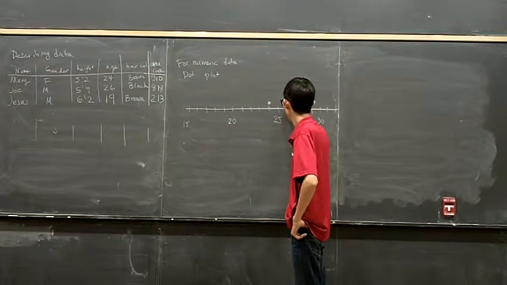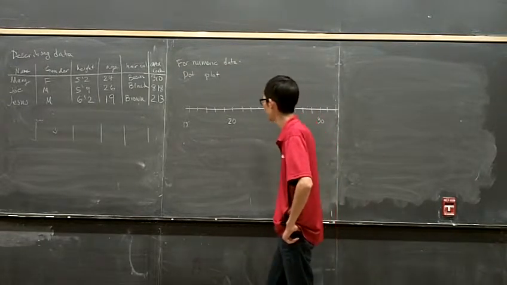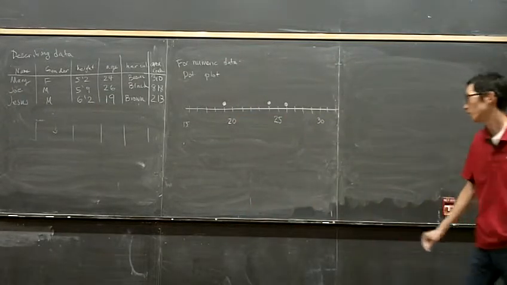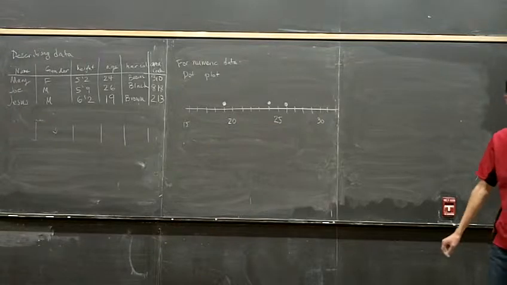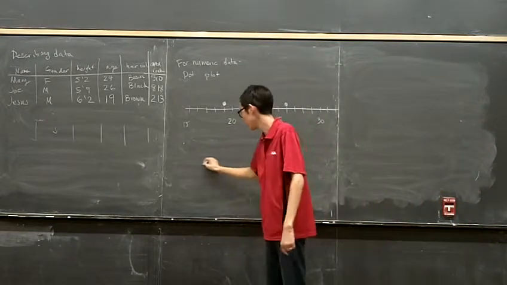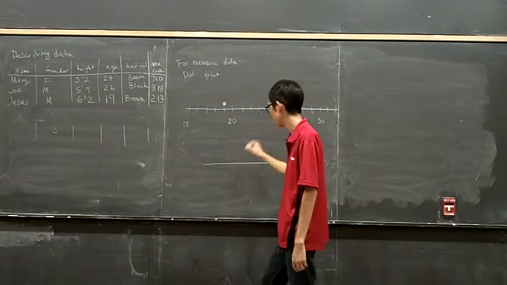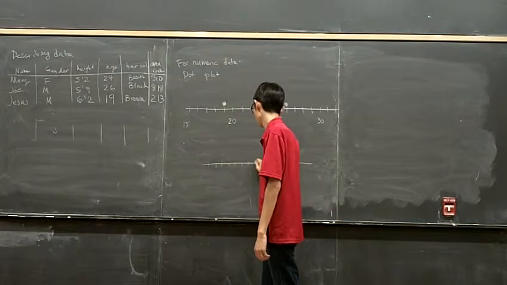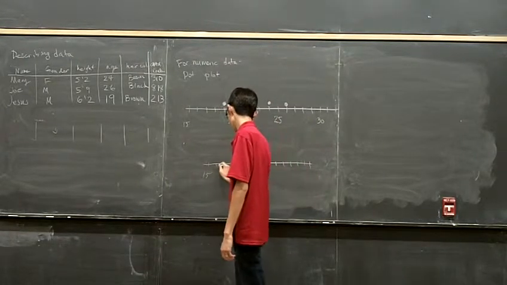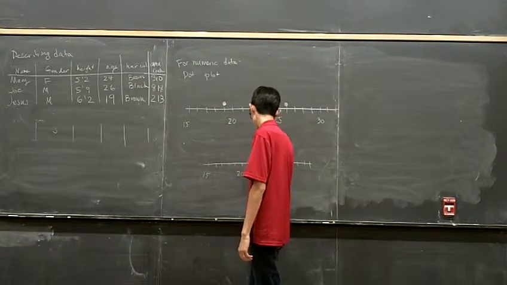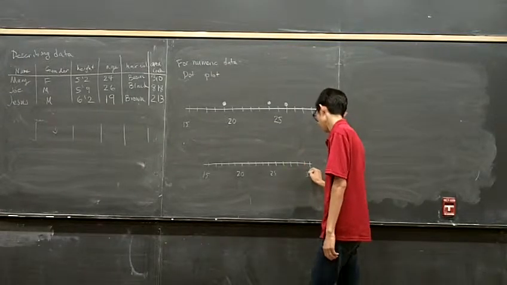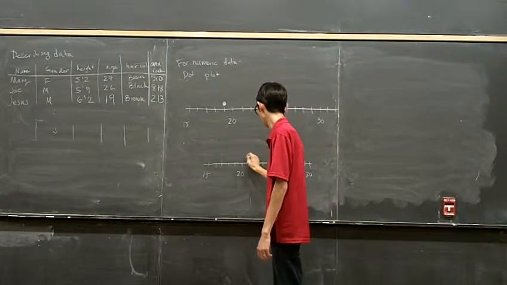Joseph, 26. He gets a dot there. Six dot at 19. Okay, and you could imagine that with a larger data set. So I'm just making up a fictional larger data set.